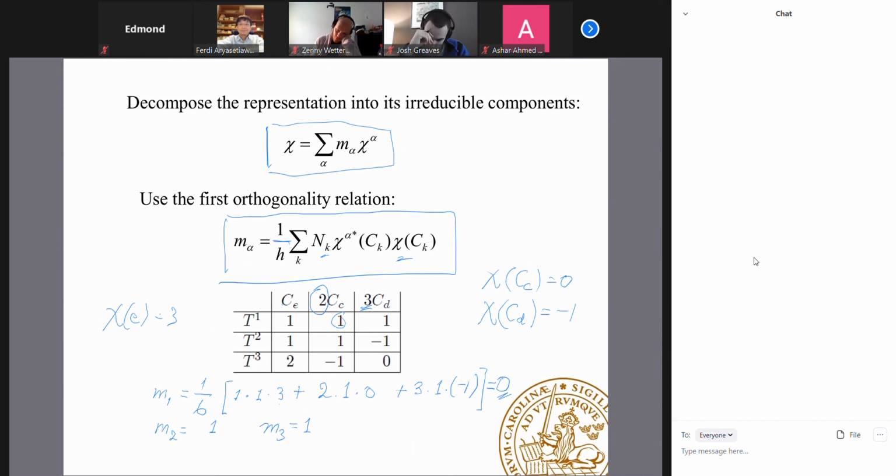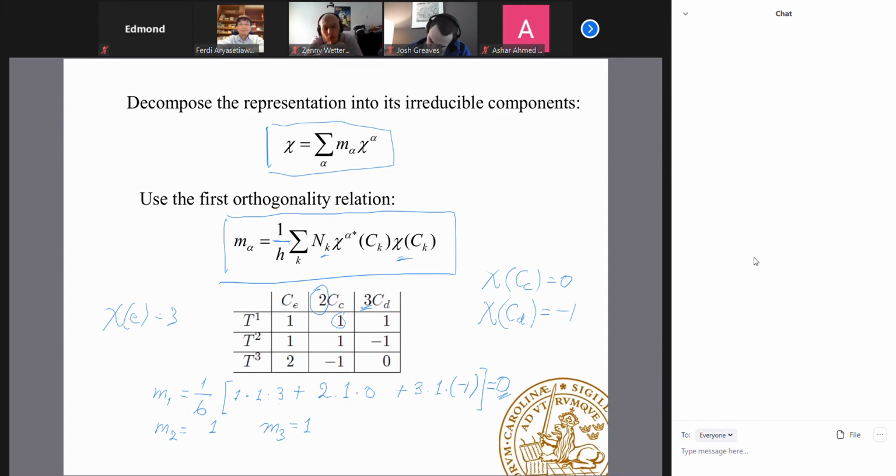That's nice because all these multiplicities must be integers. For example, if it turns out that M is some fraction, then we know that we have done something wrong. It has to be an integer. It has to be positive also, it cannot be negative.